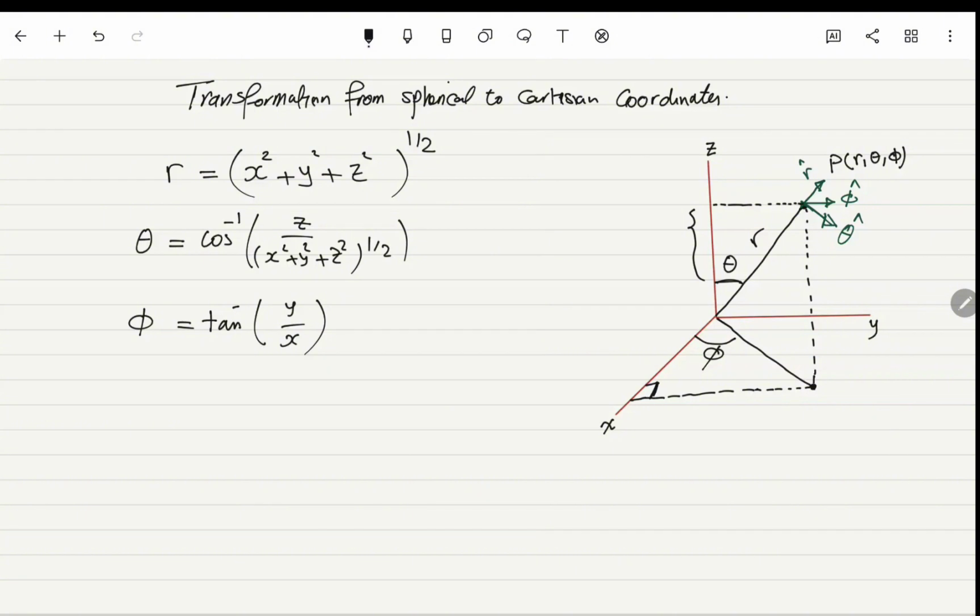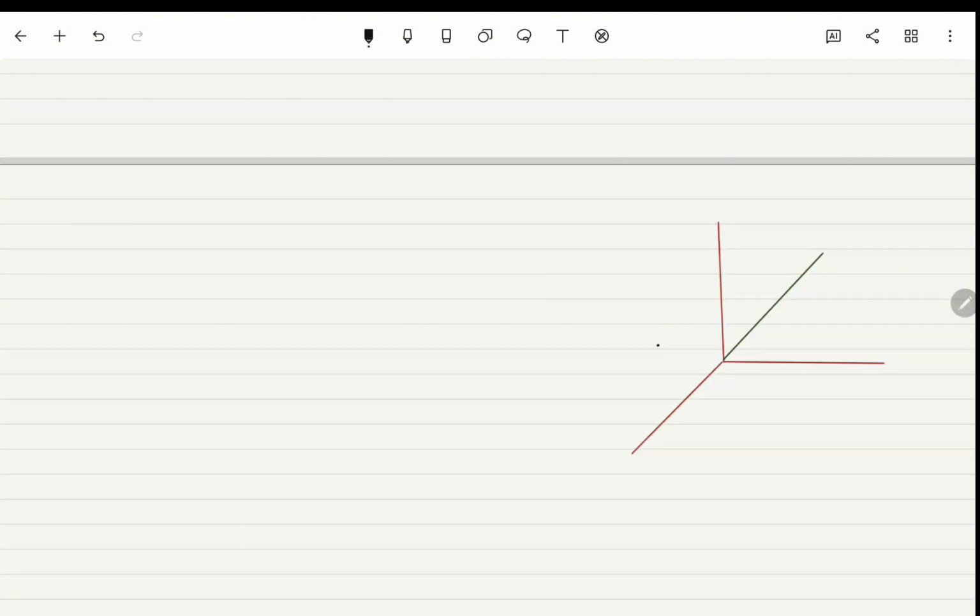Now we have transformed r, theta, phi into x, y, z coordinates, but we are not done yet because we also have to transform the unit vectors r hat, phi hat, theta hat into i hat, j hat, and k hat. Now, if this is r hat, directed this way, r hat has an intercept with the z-axis and an intercept with the xy plane.